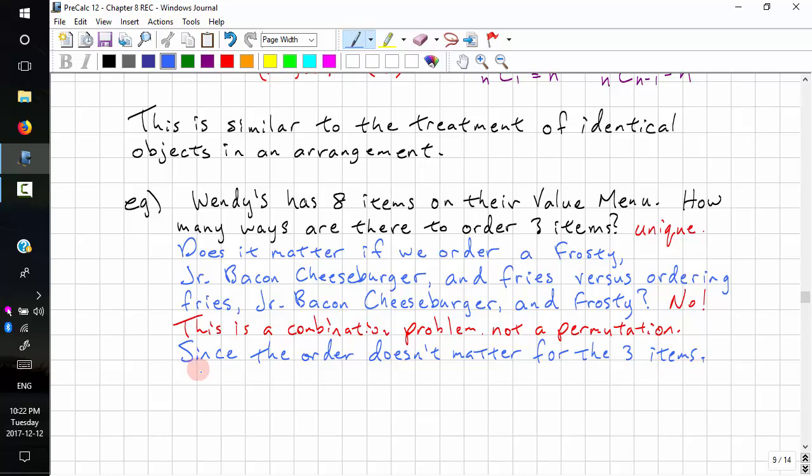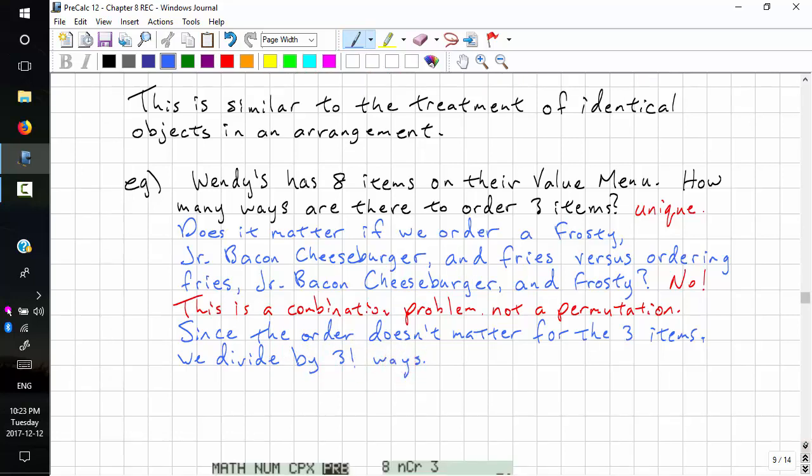And we can divide by 3 factorial ways. Okay, so that's why it's similar to the identical objects in an arrangement.